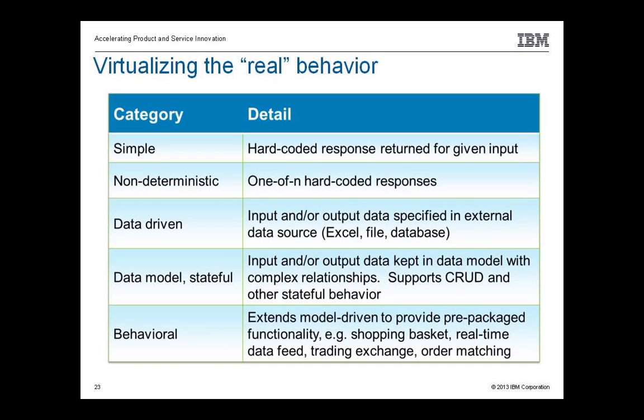Simple means I send a message in, and the virtual service reads that message and sends back a hard-coded response. The non-deterministic is I'm going to send in some data or some parameters, and I'm just going to get something back, a non-deterministic value, a hard-coded response, but it's going to be the same.